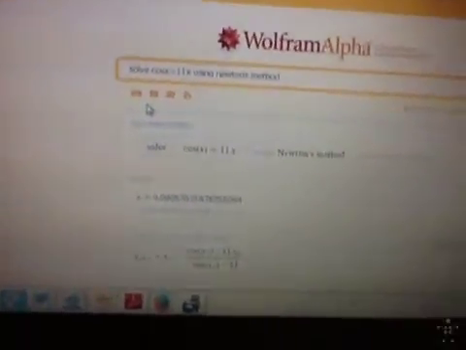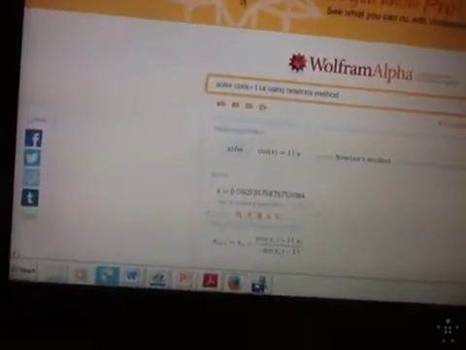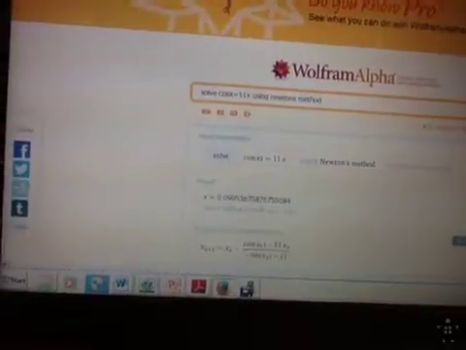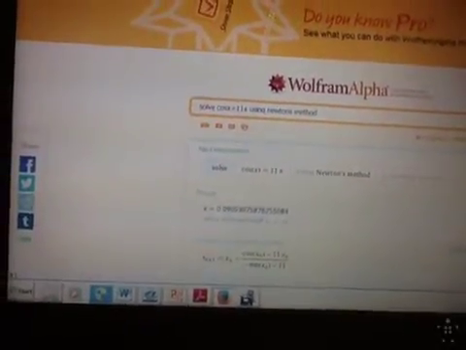Now what's a really neat feature, especially if you have the pro version of Wolfram Alpha, you can page down, and it says to 5 steps, you can hit more.